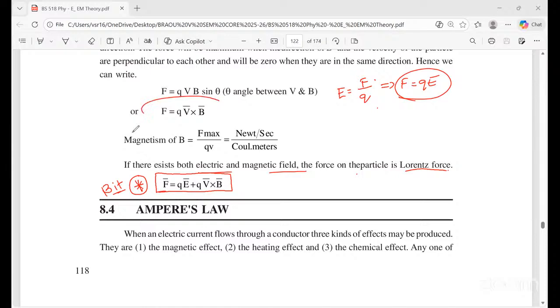Another one is F equals Q V cross B. So the total force F equals the sum: QE plus Q V cross B. This force you can call a Lorentz force.